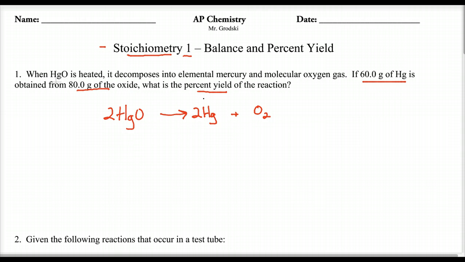So what they're saying is, how much should I produce? If we have 60 grams of mercury and it's obtained from 80 grams of the oxide. Of course, the oxide is the mercury oxide, like the silver oxide we had in the lab.